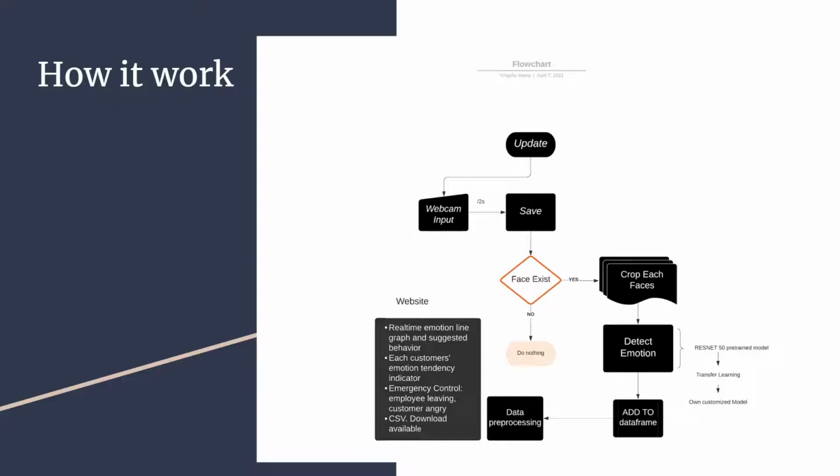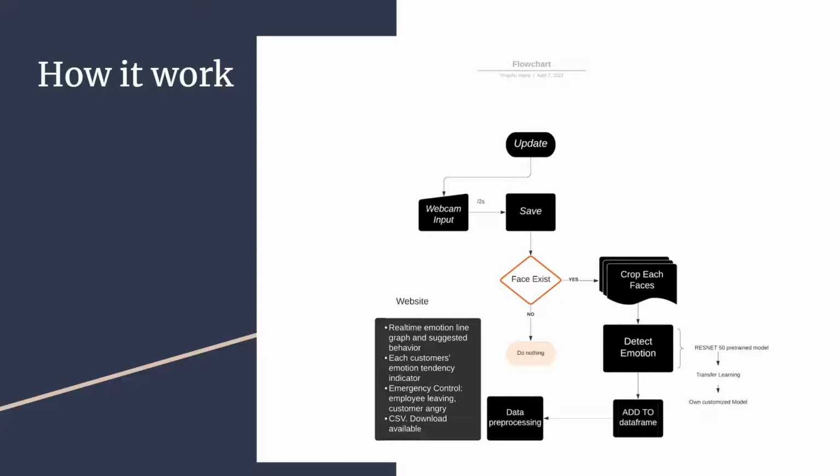And we have two emergency controls. The first one is when an employee is leaving but a customer is coming. So they will send a notification on the website showing that they need customer service assistance. The second one is if the customer is continuously angry.